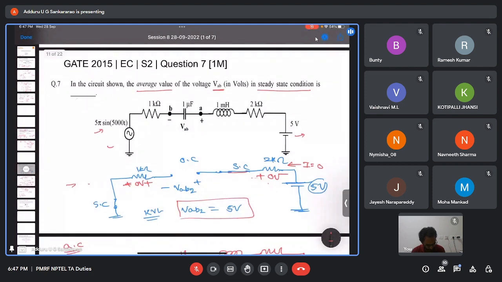So the answer for this is 5 volts. Is that okay? Any doubts from this? Are any students having doubts on this?